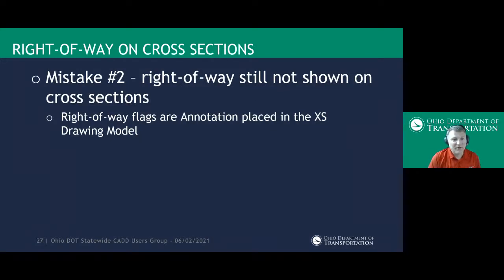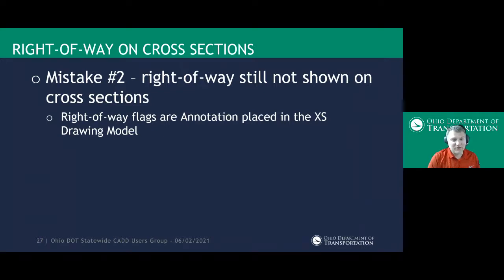What I'm calling mistake number two is the right-of-way still not showing up on the cross sections. The right-of-way flags are annotations placed in a drawing model. I probably wouldn't call this so much a mistake as an assumption. I think everyone has assumed that I go in, make these changes, fix the feature definition, assign the active profile, and when I open my cross section again, my right-of-way flags are going to be shown.